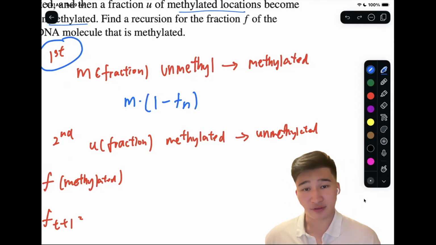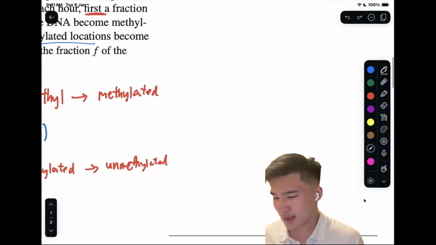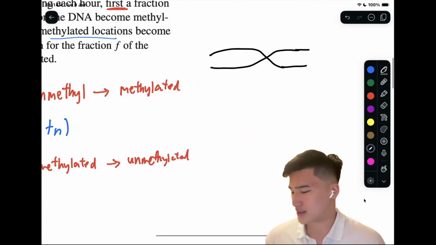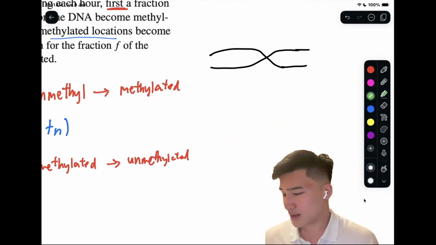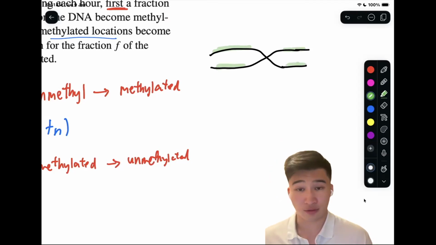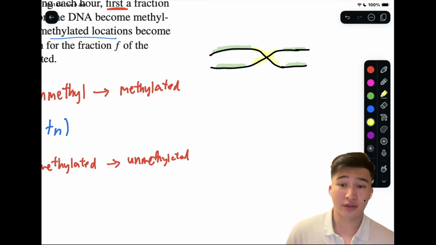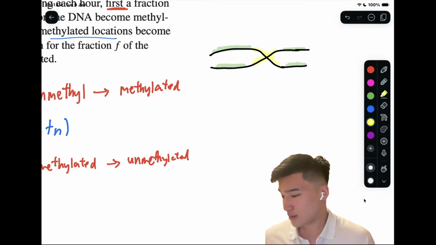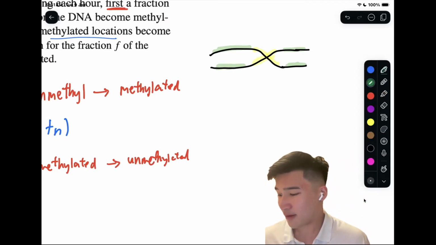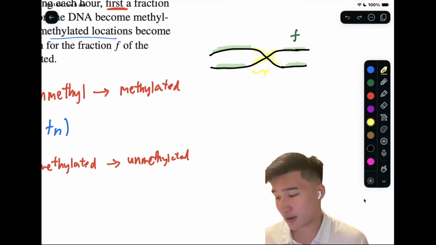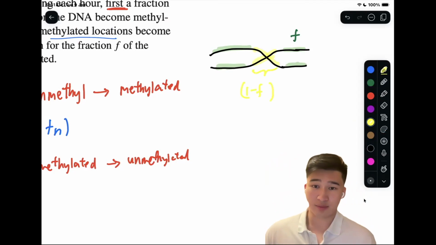Sometimes it might be confusing how we can treat fractions as whole numbers. So imagine you have a DNA strand, and the green parts are methylated, and let's say the yellow part is unmethylated. The F part, the green part, is methylated. If you want to find the yellow part, all you've got to do is 1 minus F. Simple as that.